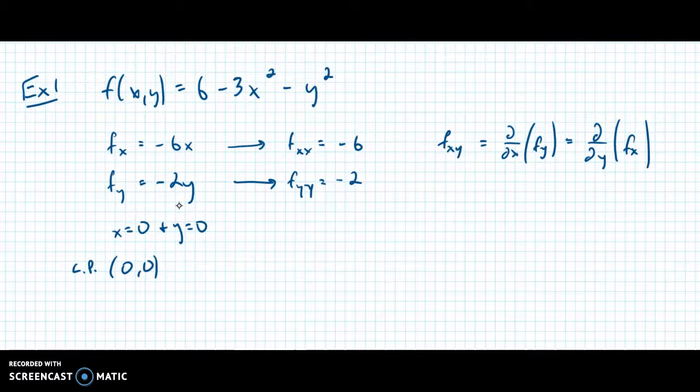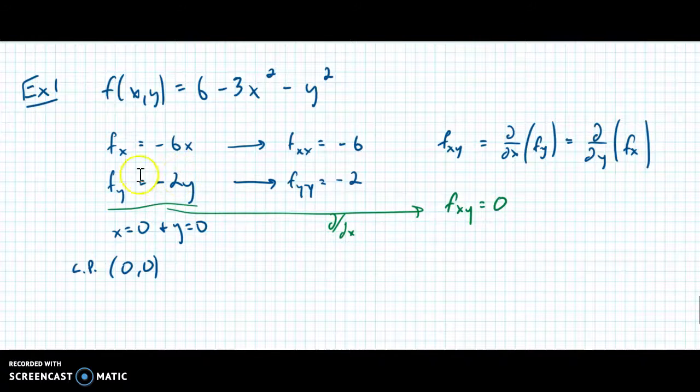Either one of those will get me there. If I take this and partial x it, notice there are no x terms in here, so my f sub xy is just equal to 0. Do the derivative with respect to x for this thing, it goes away. No y's in this one, I could get the same thing.